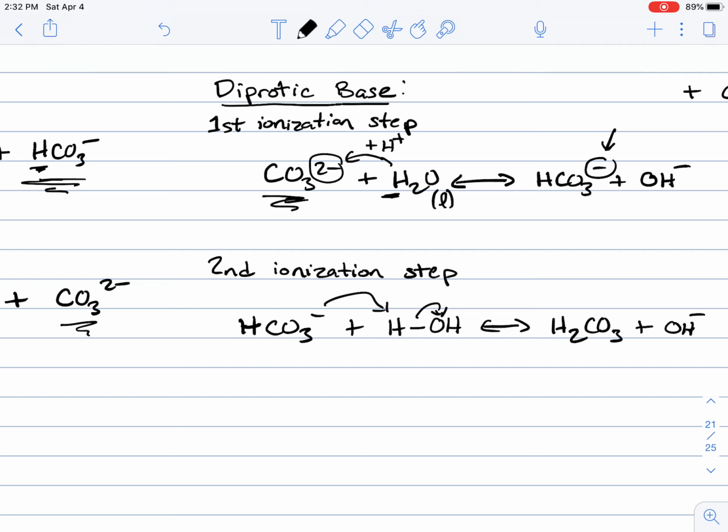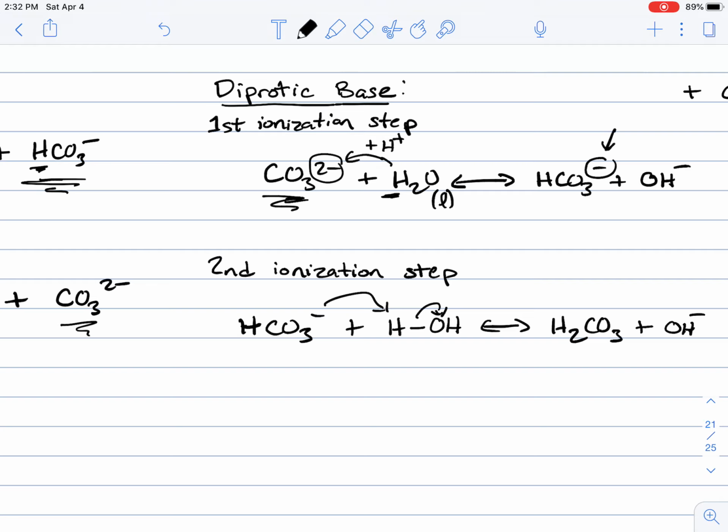And so when you are creating a correlation between Ka and Kb, for monoprotic acids, it's pretty easy. It's just Ka times Kb is equal to Kw, and you don't have to think twice about it. However, for diprotic or polyprotic acids and bases, you have to be very careful with your Ka values and your Kb values. In the forward direction, that's going to be represented as Ka1.